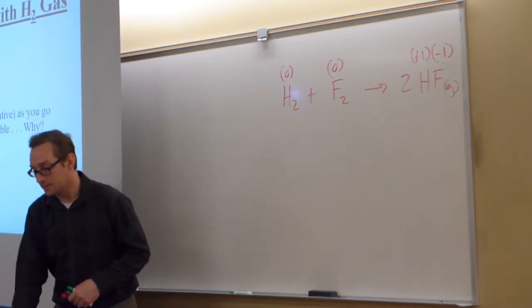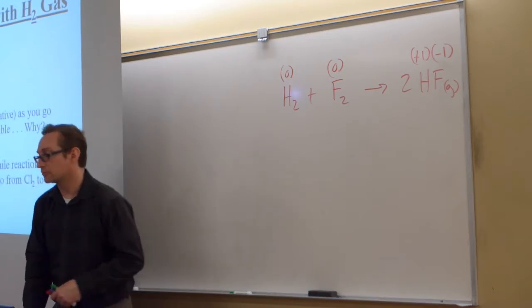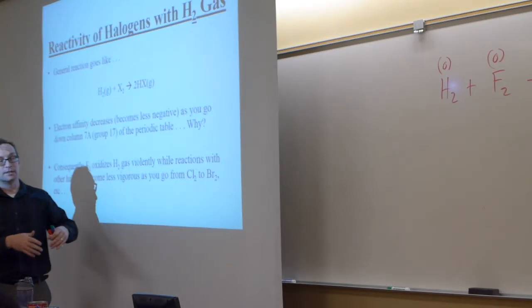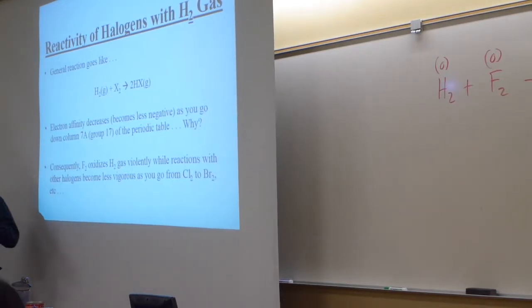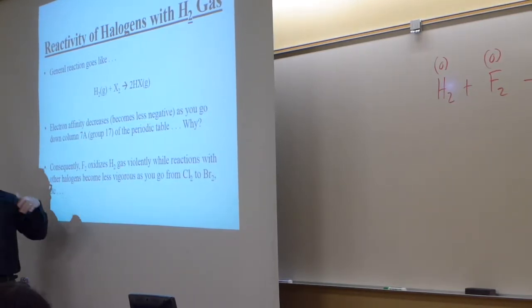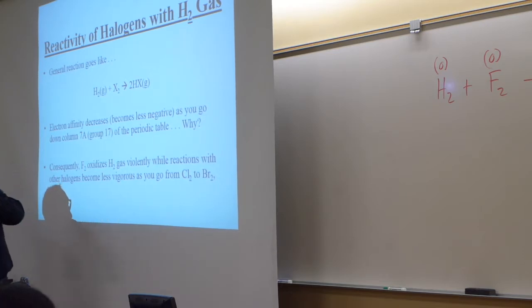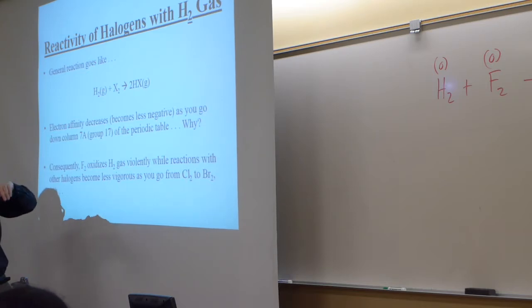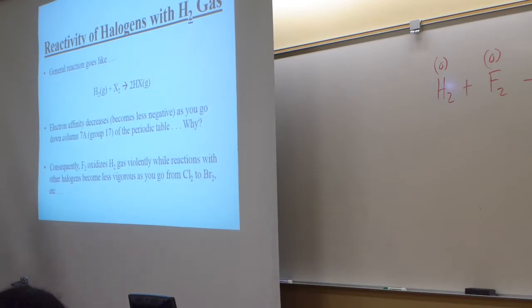So it turns out that when you look at the reactivity trend of hydrogen with the halogens, the reaction goes much more violently with fluorine than it would for chlorine and bromine and iodine, right? So you see this reactivity trend, the exothermicity, delta H of that reaction, and you do that for all the other halogens, you'll notice that the enthalpy gets more exothermic with fluorine relative to chlorine, which is more exothermic relative to bromine and so forth.